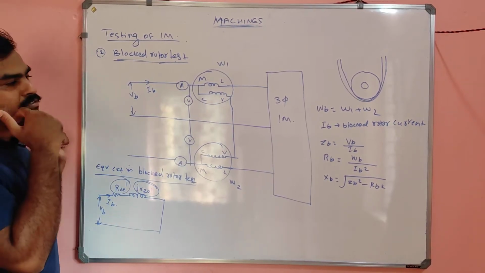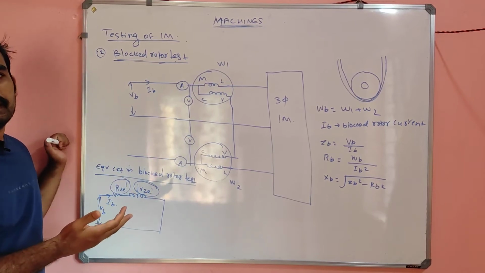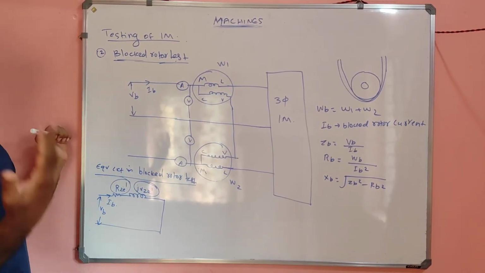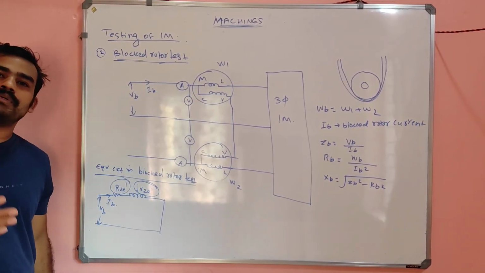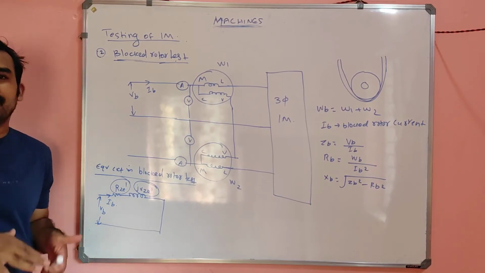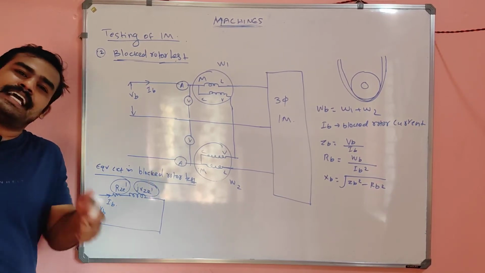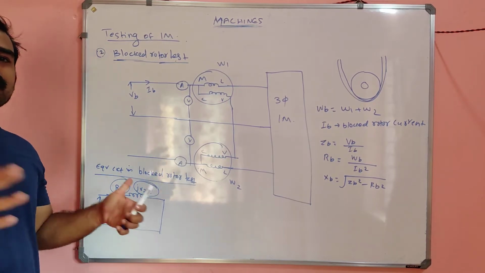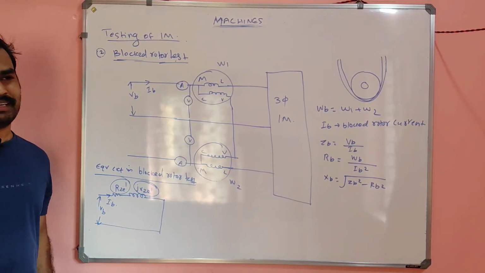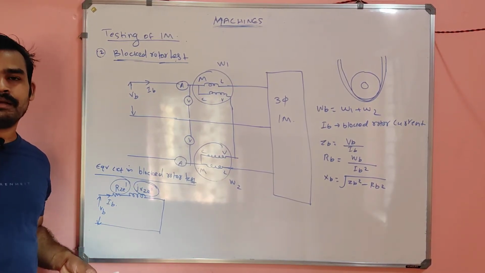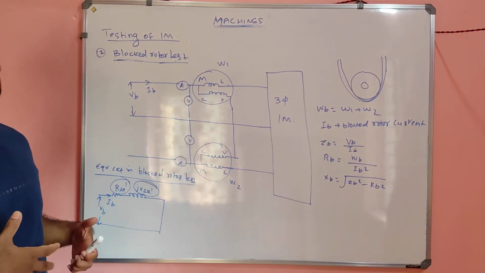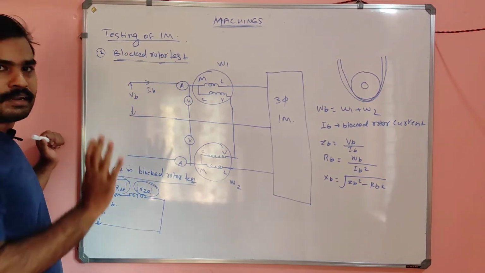If you know the value of ZB, RB and XB, you can find R1 equivalent and X1 equivalent, or R2 equivalent and X2 equivalent, depending upon the turns ratio. That's also a very big calculation, but that part is not needed for us. For the exam point of view, this is just enough.